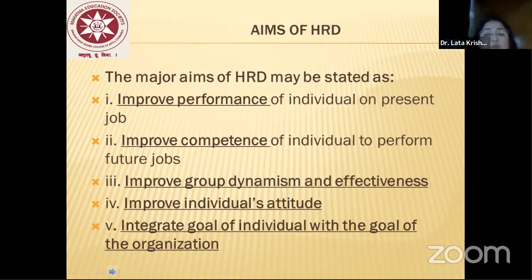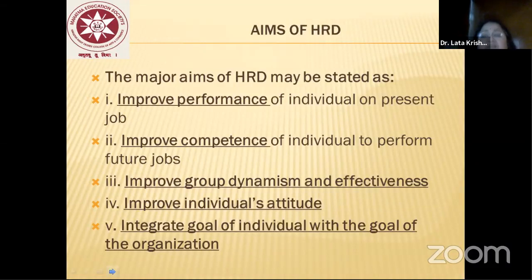So you may come in with low competency, but with training, your efficiency or output in a particular task can be increased. And with more training and more experience, your competency can come to its highest level. So when we say improve competencies, that becomes the aim of human resource development.